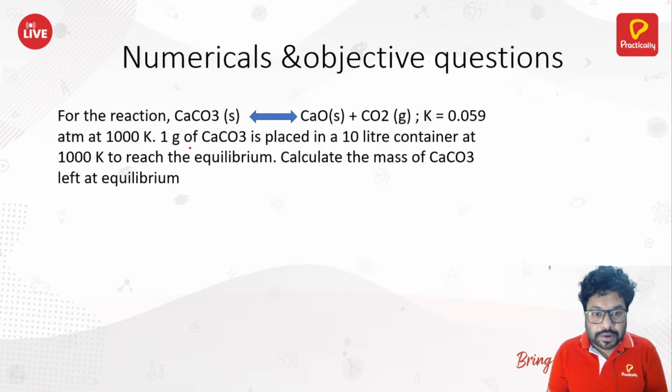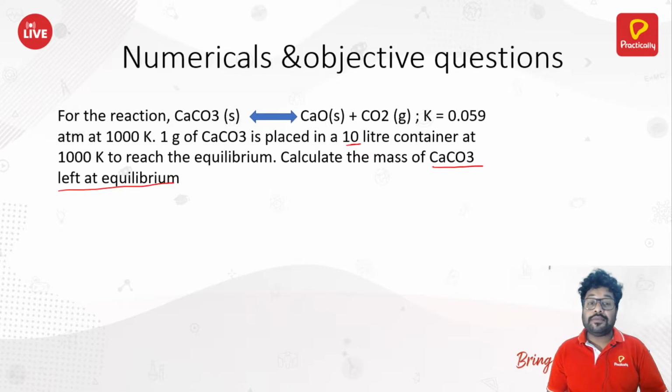Now 1 kilogram of CaCO3 is placed in a 10-liter container at 1000 Kelvin to reach equilibrium. Calculate the mass of CaCO3 that was left at equilibrium. So they are basically asking how much CaCO3 must have been left after the reaction. Okay, so let's solve it now.